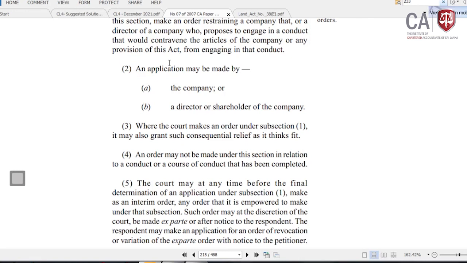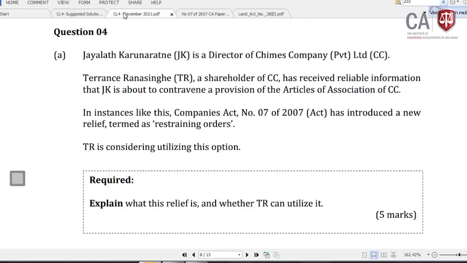In this instance, there will be a contravention of the articles, so obviously it is permitted to obtain a restraining order in such a situation. As I mentioned at the beginning, it is an injunctive relief in the nature of a final order. So it has the effect of a judgment issued by a court. Those are the important things that you should mention in your answer.